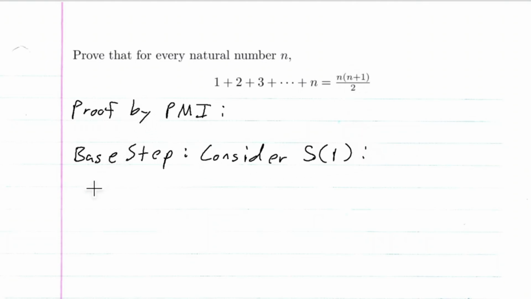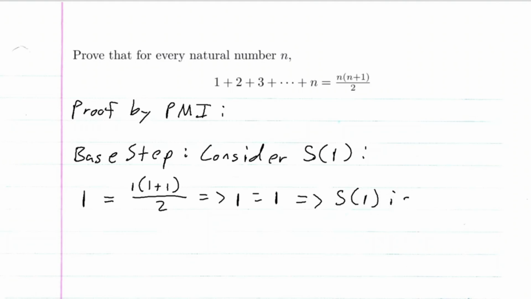So this is pretty easy. So 1, because that's the sum of the first term, right, is equal to 1 times 1 plus 1 all over 2. So we have 1 is equal to 1 times 2 over 2, which is 1. So we can see that the sum of the first term is equal to the formula if you plug in 1. So that means the statement revolving around 1 is true.